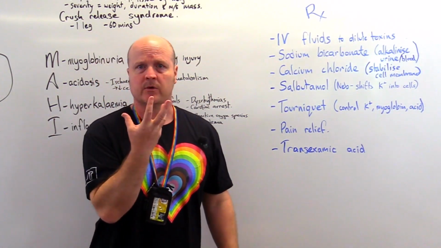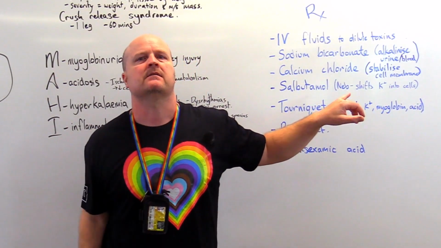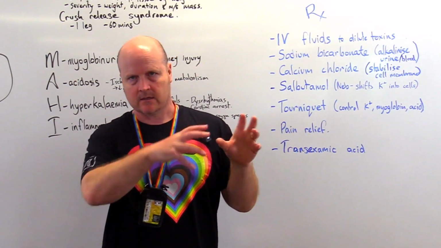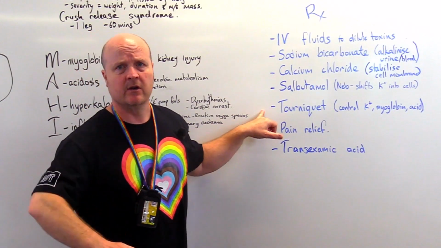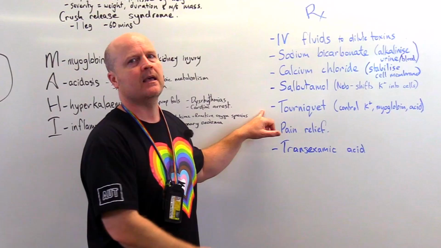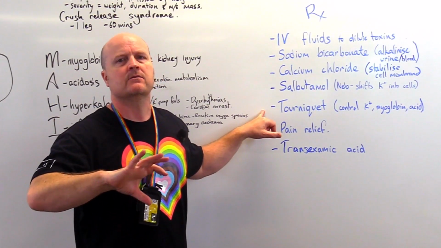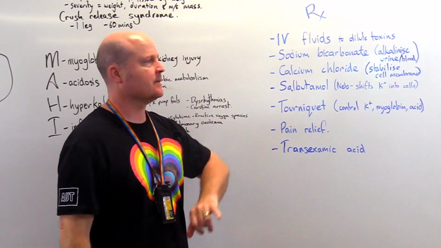Nebulized salbutamol is going to help to shift potassium into the cells, so to take it out of our blood and store it in the cells. Tourniquet, nice and simple. If you're going to release a crush and we've got all these waste products flooding our system, then if we put a tourniquet on, we're going to delay that, so hopefully we can get them to hospital to definitive treatment so they can deal with that.